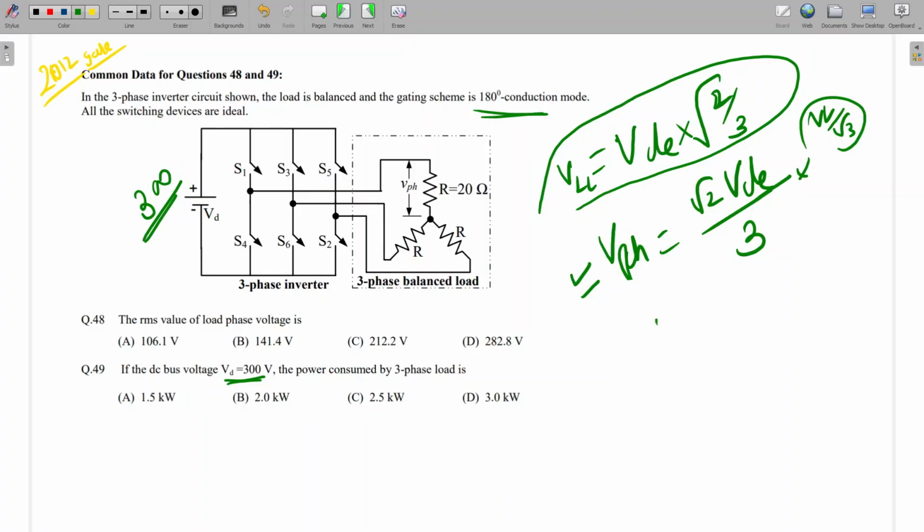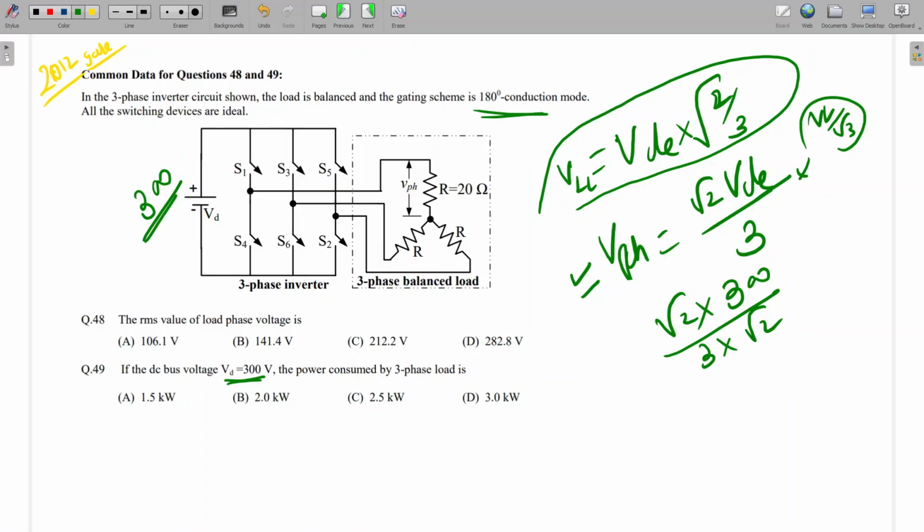So root 2 into 300 divided by 3. How much are we getting? Some mistake is there. RMS value of the load phase voltage. Can you check if you have the question bank?